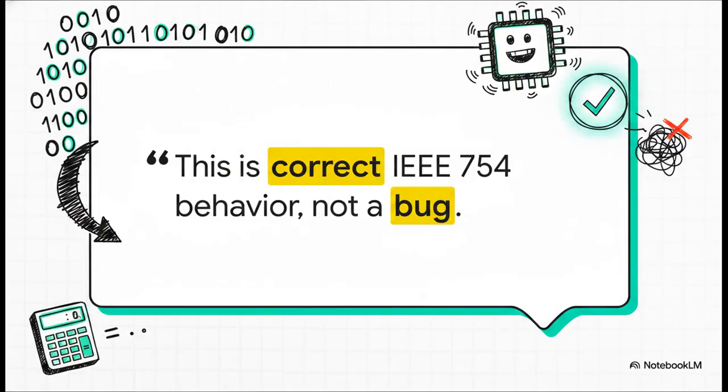And this brings us right to the big aha moment. As the source material puts it perfectly, this is correct IEEE 754 behavior, not a bug. Your computer isn't broken at all. It's definitely not failing at first-grade math. It is flawlessly, perfectly executing the exact constraints and rules laid out in that 1985 standard.